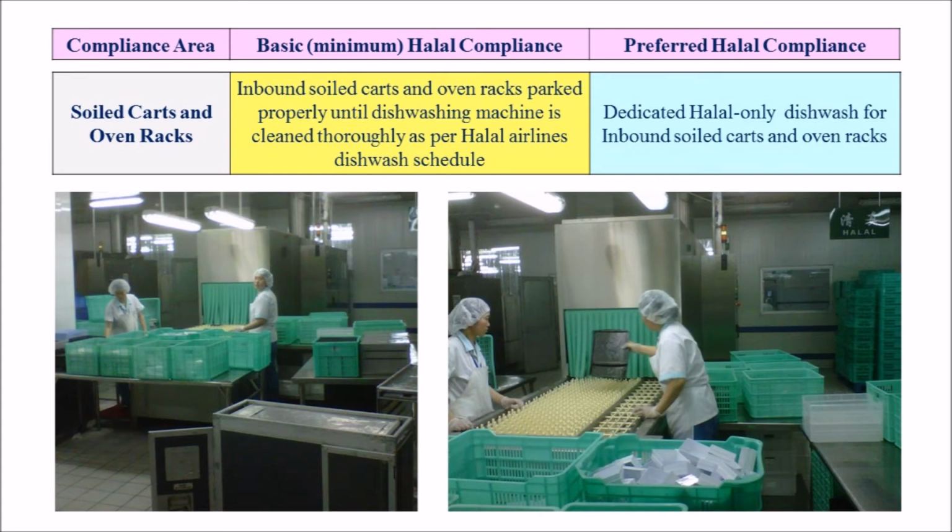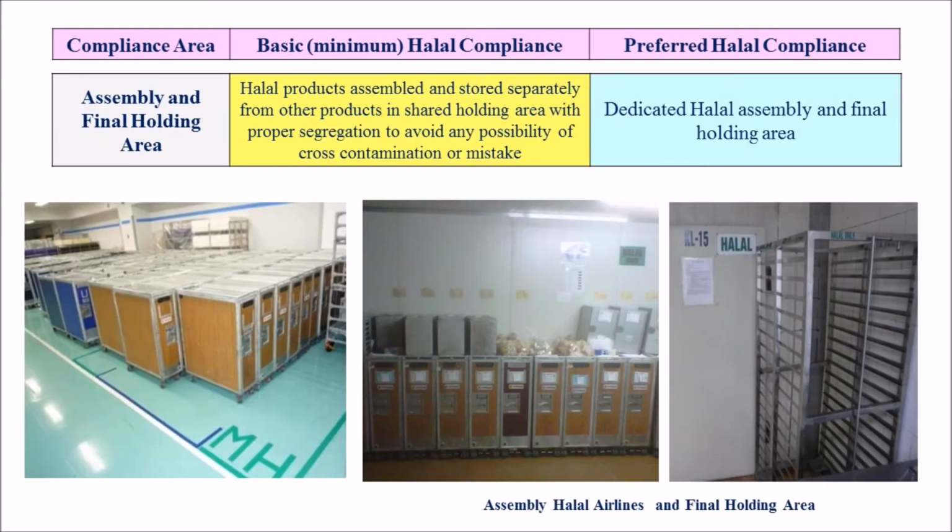Let me finish this. I want to touch on one more item: assembly and the final holding room. Same thing. This is airline equipment, under the airline. Of course, you don't mix all kinds of airline carts, trolleys, or containers. All follow according to the airlines.